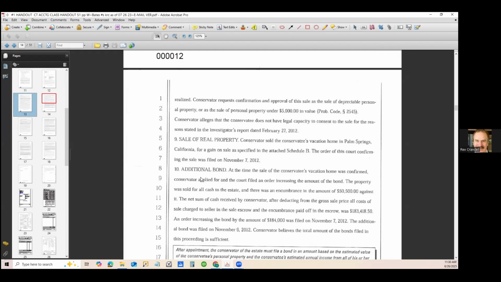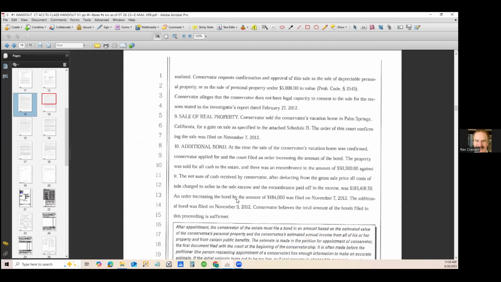So there are other things you can do with this bond section, but in this case, the conservator took it upon themselves to go tell their bond company they want to increase their bond from one amount to another so that it now covers all the cash that they have available, and they state here that now the bond is sufficient.